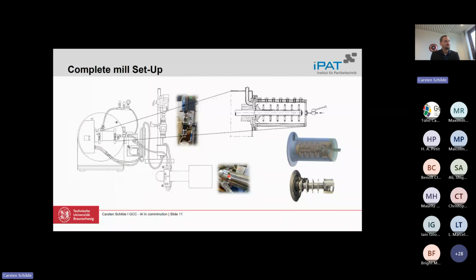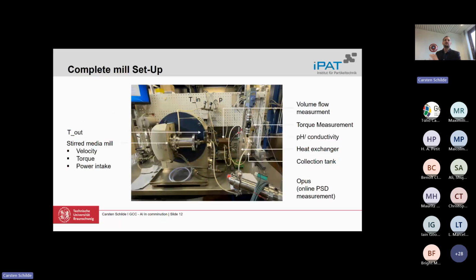However, ultrasonic particle size measurements are maybe not the best when it comes to the accuracy of the real particle size distribution. That means we need to think about whether what we measure is the real particle size distribution, or do we need a kind of calibration to offline measurements? I come to this point in a few minutes, but here is our real experimental setup.